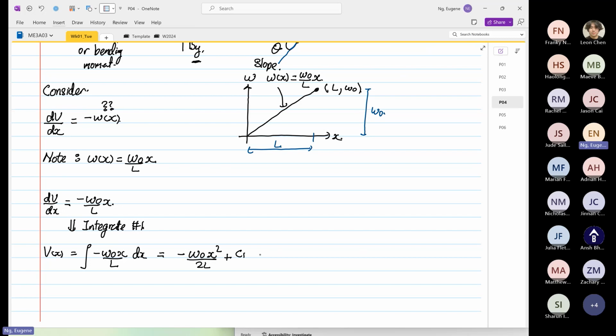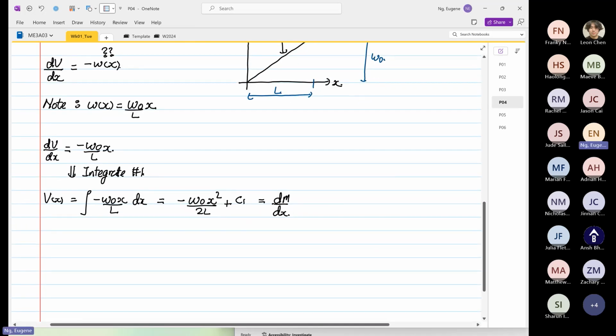And this expression over here is also equal to dM over dx. So we are trying to get our moment equation, right? To get our moment equation, we are going to integrate a second time.